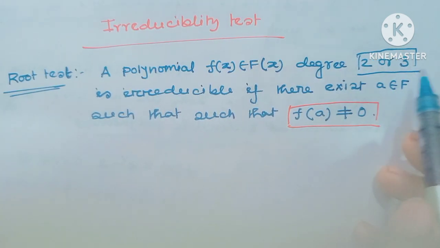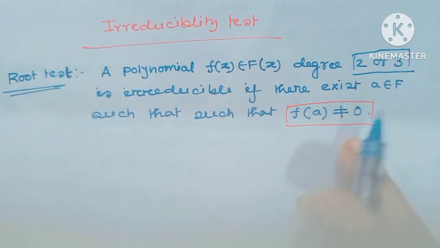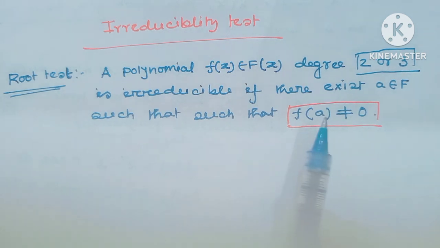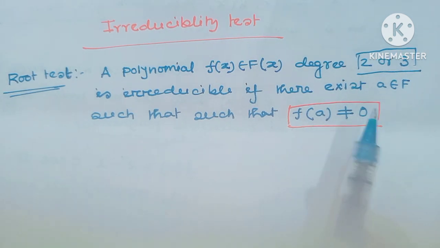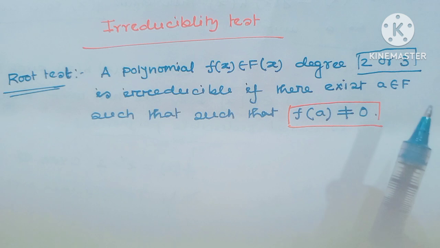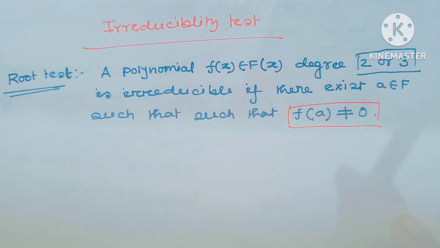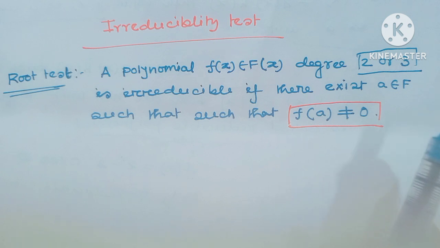For degree 2 and 3, this condition is an if and only if condition. But when the degree is greater than 3, this condition is not necessary but sufficient. If f(a) equal to 0, if there exists a root, then we can tell about reducibility, but we cannot tell about irreducibility.